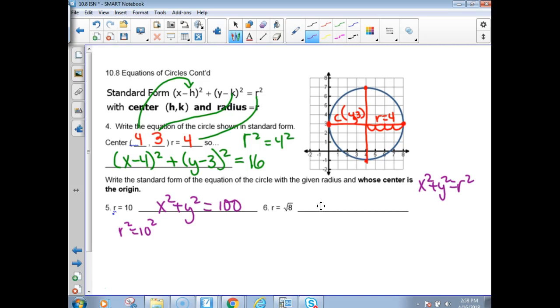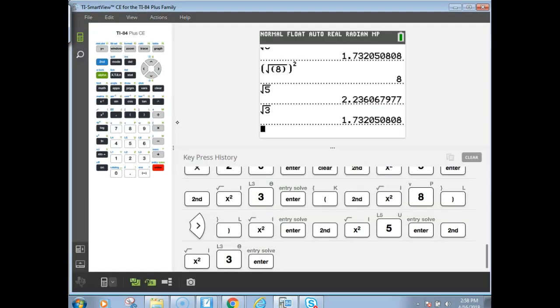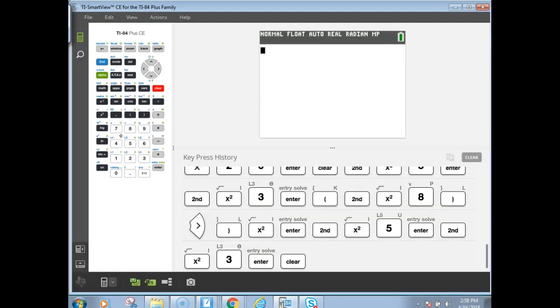What's going to happen on this one? x squared plus y squared equals, now r squared is equal to the square root of 8 squared. Now your calculator can help you with that. Take the square root of 8, then square that.